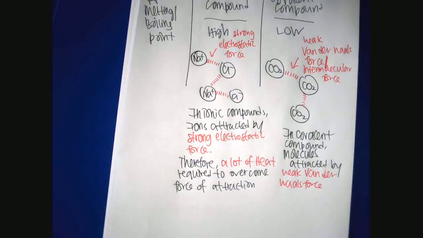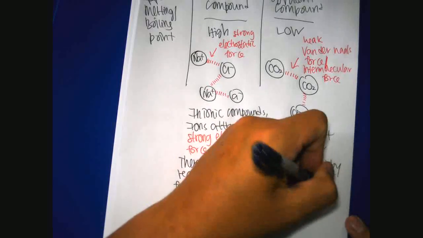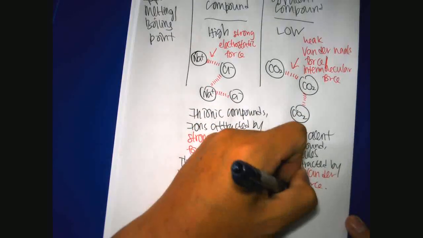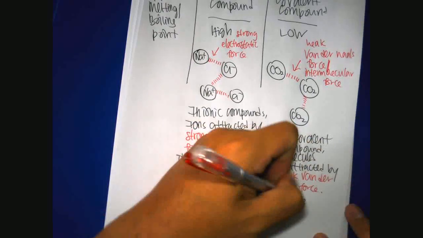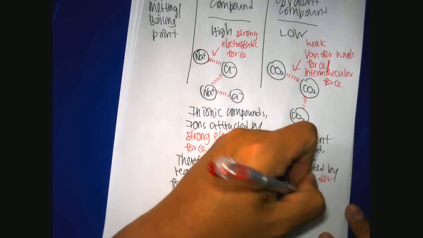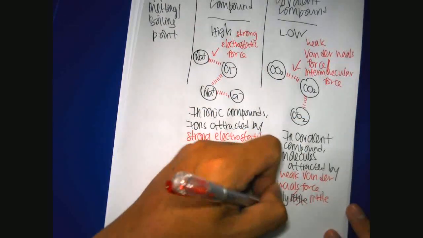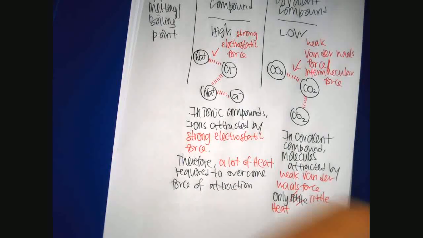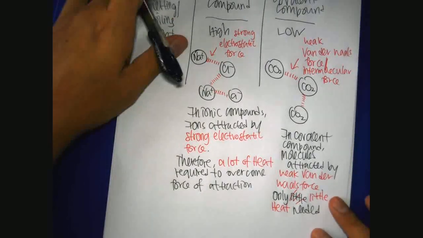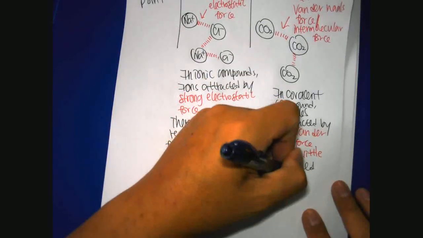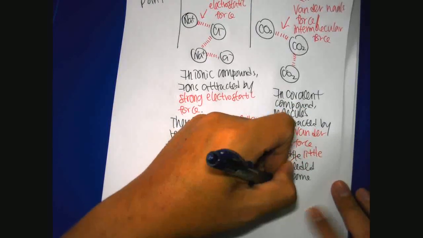So when the molecules are attracted by very weak van der Waals forces, only little heat is needed or required to overcome the force of attraction. I should write this in red color so we get alert.